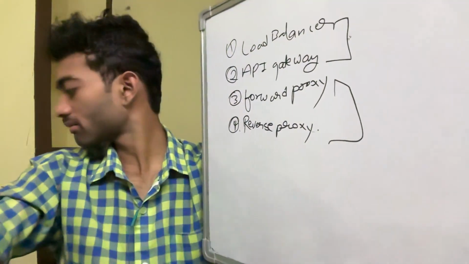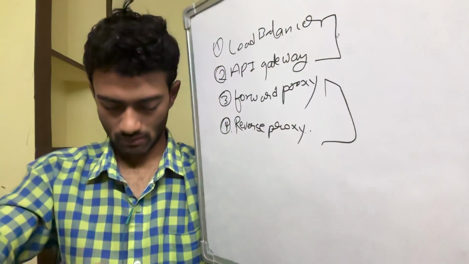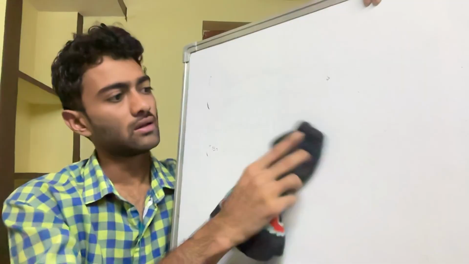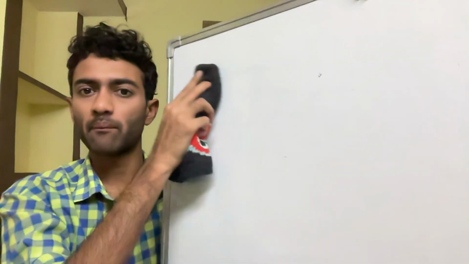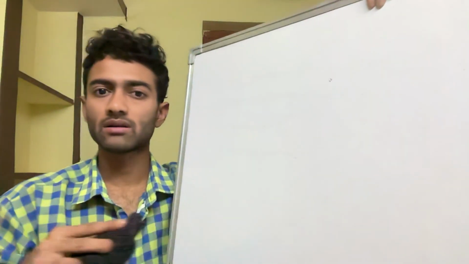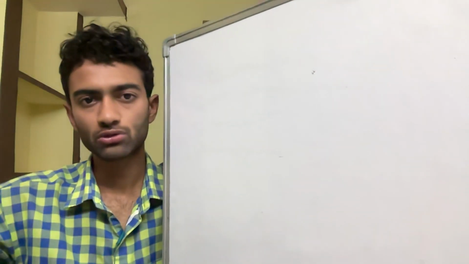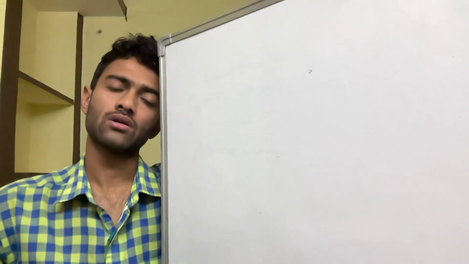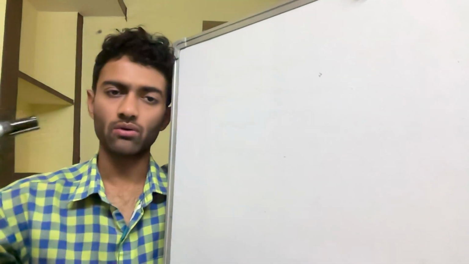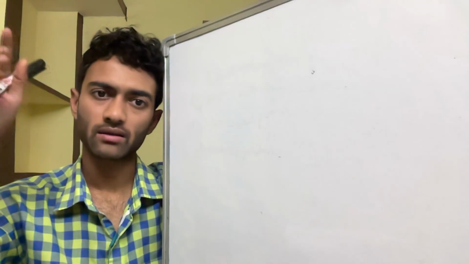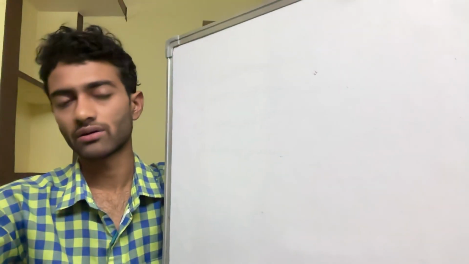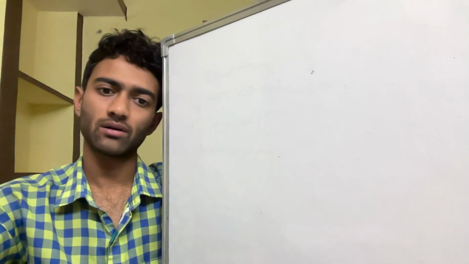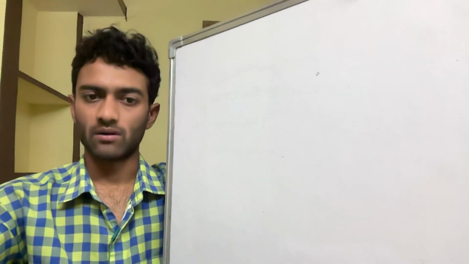Let me erase this. Let me just give me 2 seconds. The API gateway, what is the difference? Actually, the difference is that the load balancer is used to route traffic between the servers, and the API gateway is used to perform authentication, authorization, and routing request and response to the exact servers in microservices architecture and in different kinds of architecture, to direct requests to specific services.